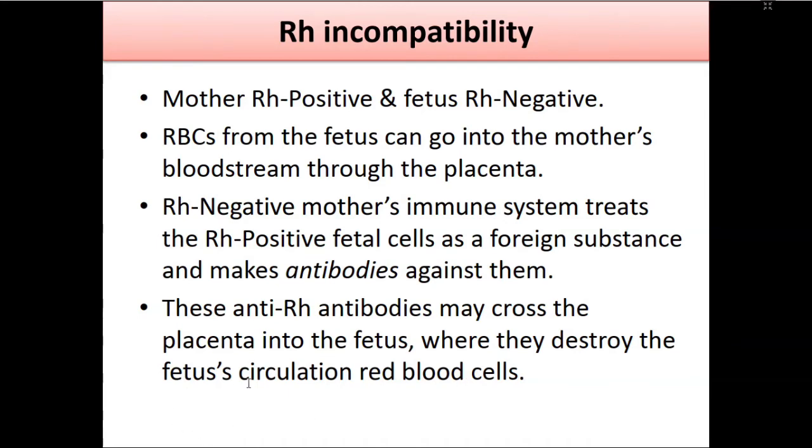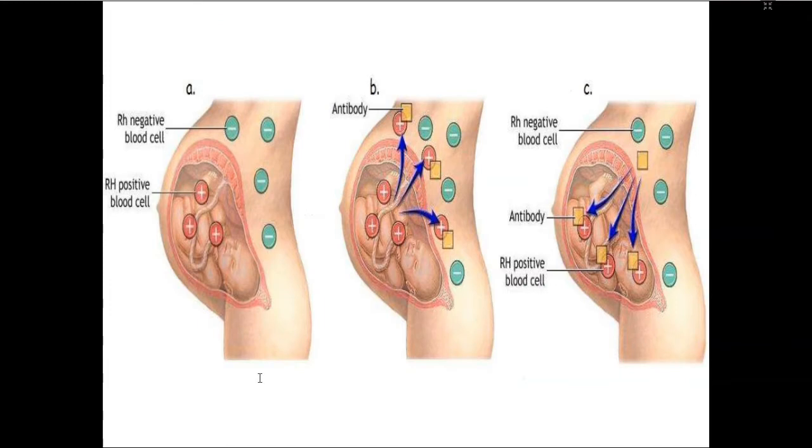This is a diagrammatic representation, with Rh negative blood inside the mother and Rh positive blood of the fetus. For any reason, the Rh positive blood crosses the placenta and reaches the mother's circulation.